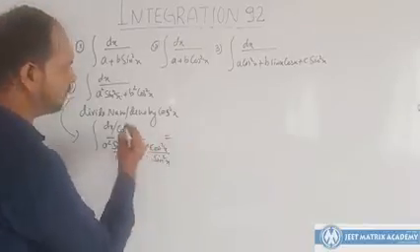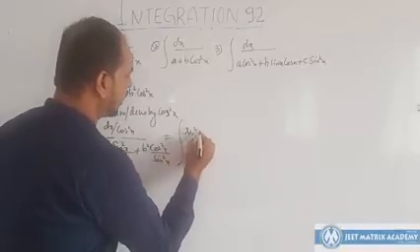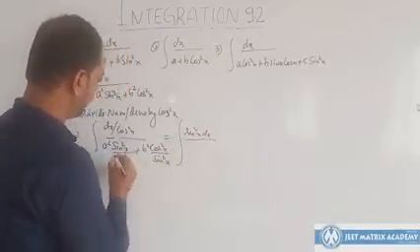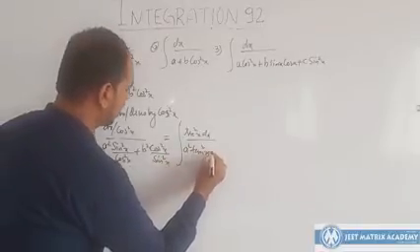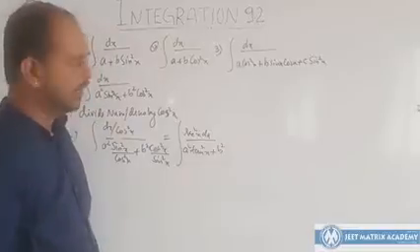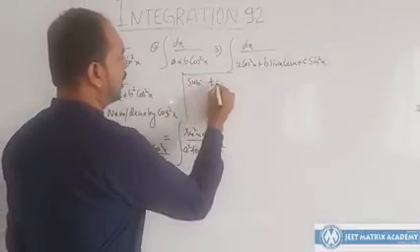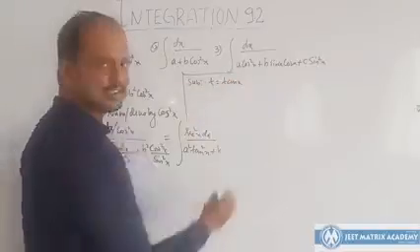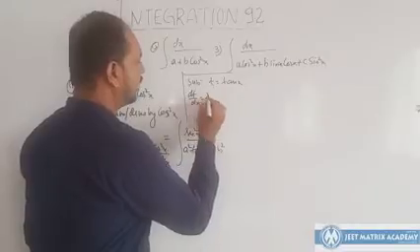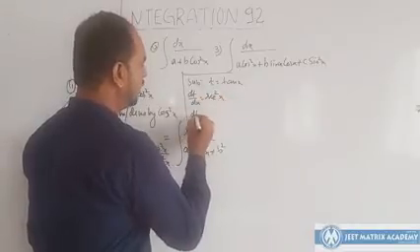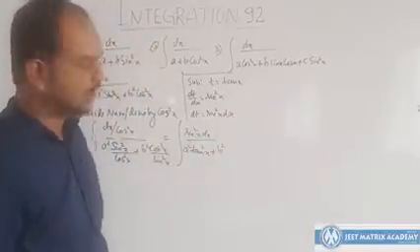Now dx by cos square x is always equal to sec square x dx, divided by a square plus b square tan square x. So now substitute t equal to tan x. Differentiating, we get dt equal to sec square x dx.